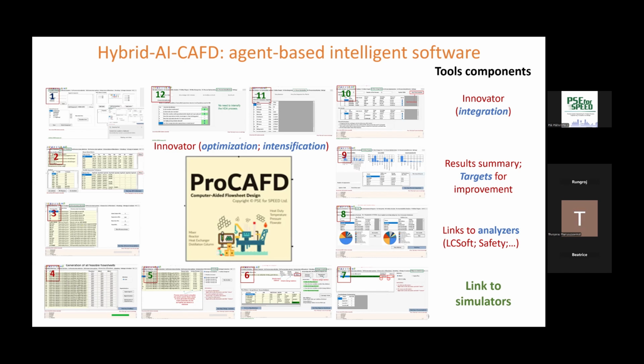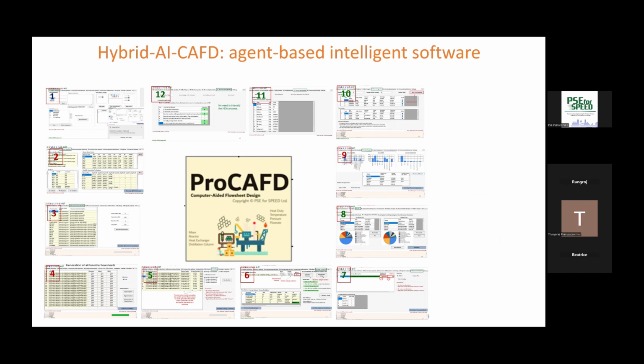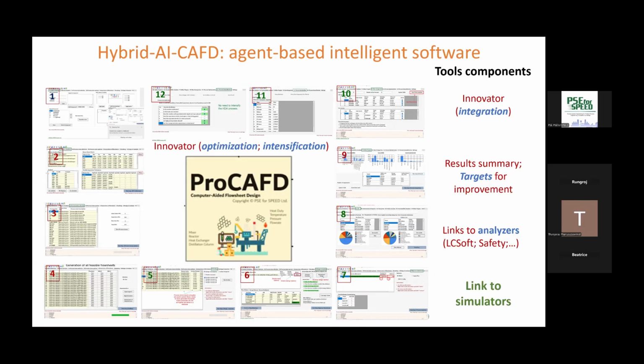So these are then the tools here and here, which we call agents. And the ProCFD interface knows at which step which tool is needed and which calculation needs to be used and which data needs to be used. And that's why we call it agent-based approach.